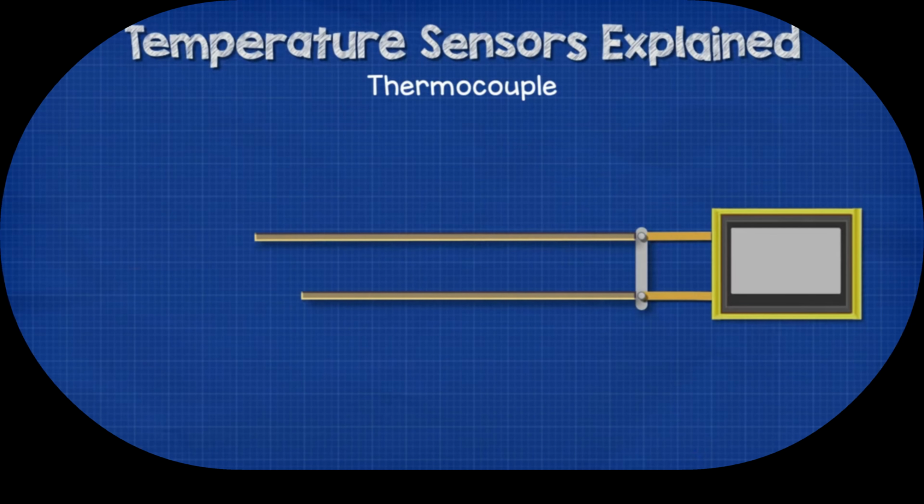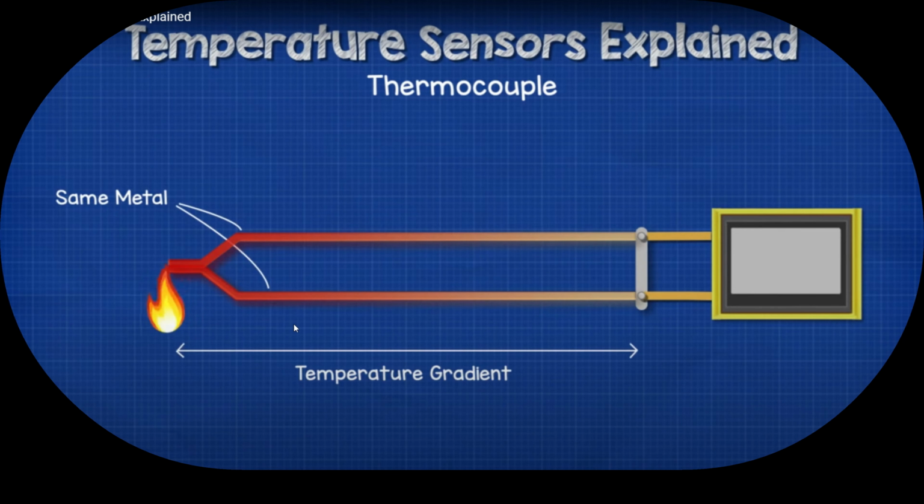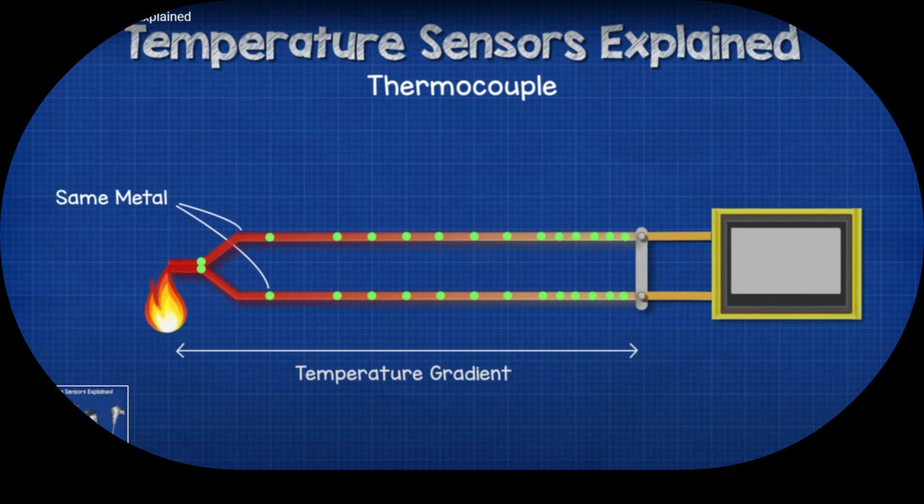Okay, go to the thermocouple. If we expose two metals, the same metals, to the same source of heating, a temperature difference will be generated, and a current will go from the hot junction side to the cold side. But the number of electrons that go into this one rod and the number of electrons that go into this rod are the same.